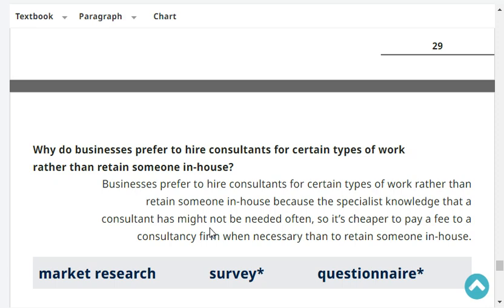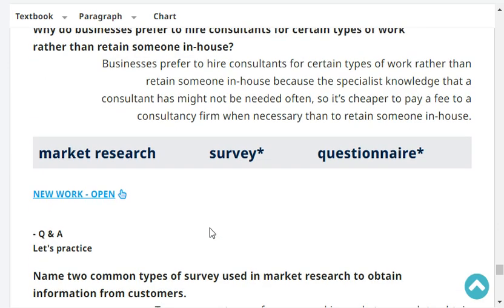Businesses prefer to hire consultants for certain types of work rather than retain someone in-house because the specialist knowledge that a consultant has might not be needed often, so it's cheaper to pay a fee to a consultancy firm when necessary than to retain someone in-house. Very good. And that's the end of our revision.